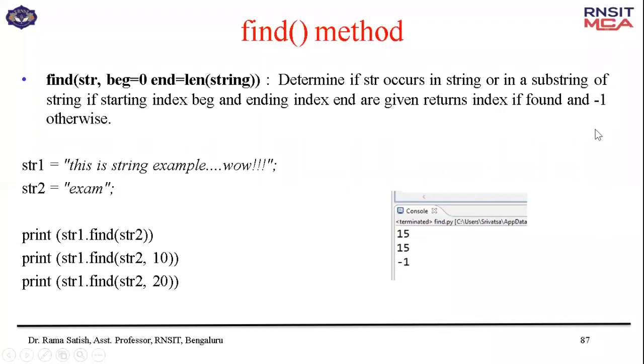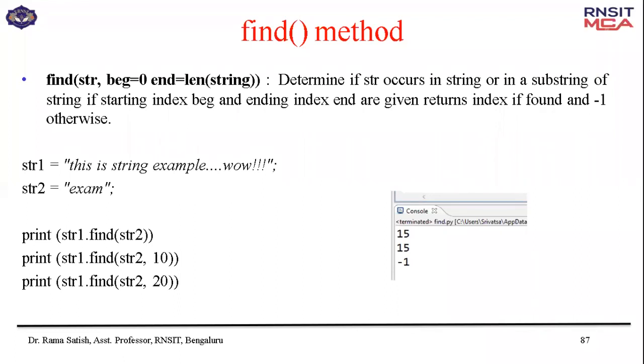In the case of the count method, if it is not found, it will print 0. It will never print the index number or -1.